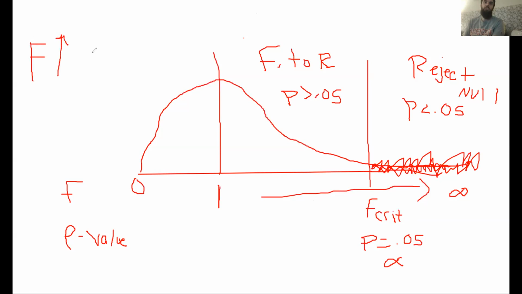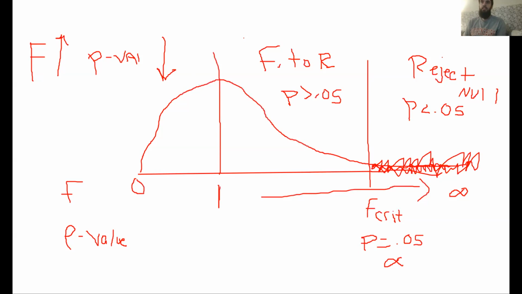As the F's that we observe go up, the corresponding p-values go down. So larger F's are associated with lower p-values, and if the F is greater than our critical value, that means the p-value is less than our alpha value of p equals 0.05. And so anytime that happens, we say, okay, it's probably not true that these means are exactly the same. We reject the null hypothesis that all condition means are exactly the same.